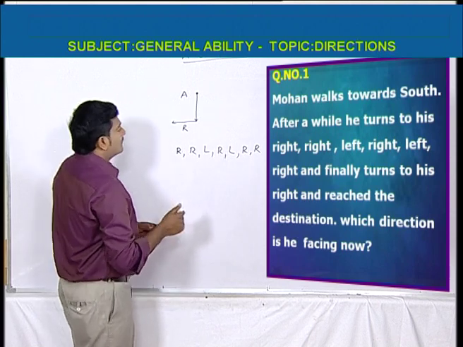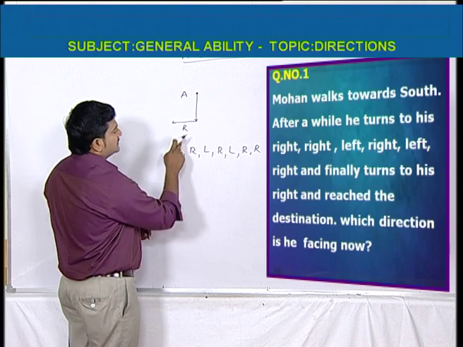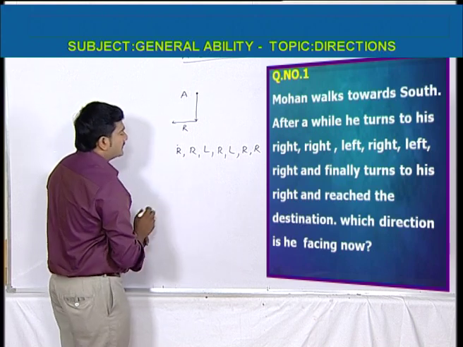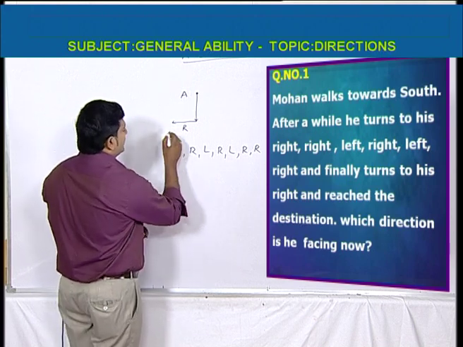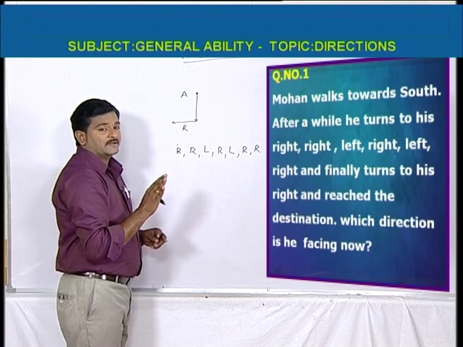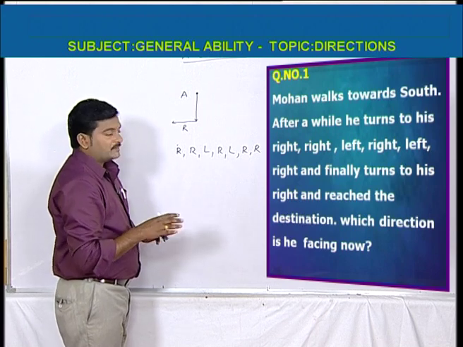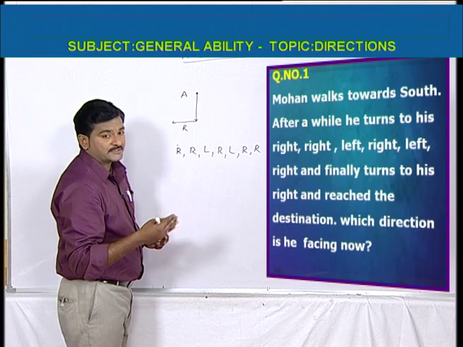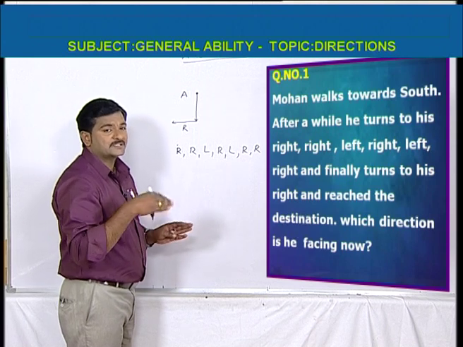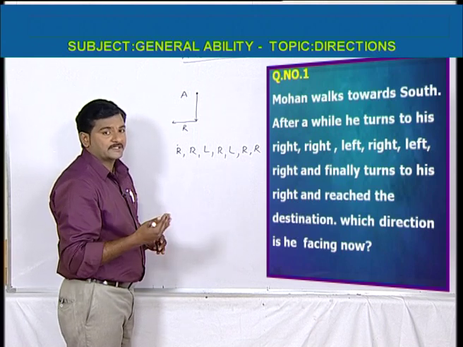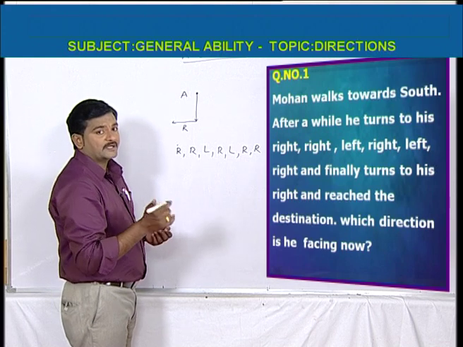Now first he turns which direction? Right direction. Then again right direction. Here you can take a rough diagram. A diagram is not mandatory because you are asked to find only direction, not distance. If it is a distance, then you should take an accurate diagram. Since it is only direction, we can take a rough diagram.